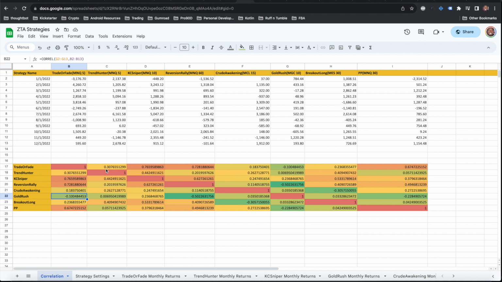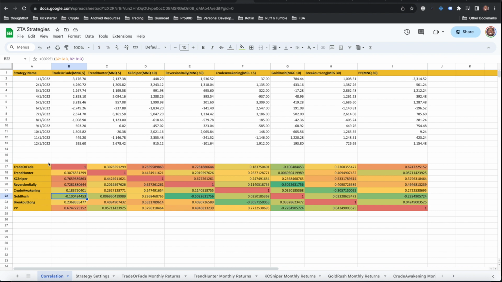And as a rule of thumb for me personally and for our team, we find that correlation coefficients of less than 0.5 are ideal for our accounts and our portfolios, right? So we're ideally looking for overall portfolio values to be lower than 0.5 overall correlation. Okay, so 0.30 is perfect.